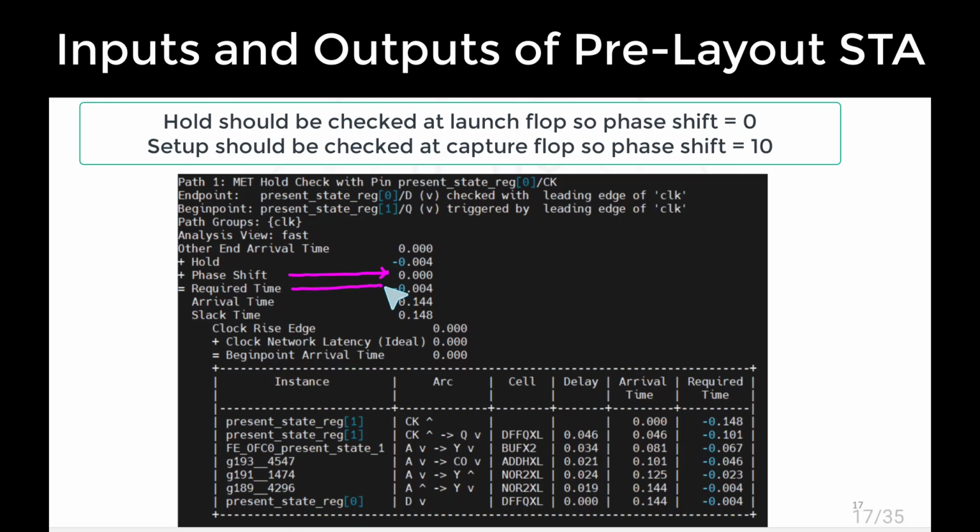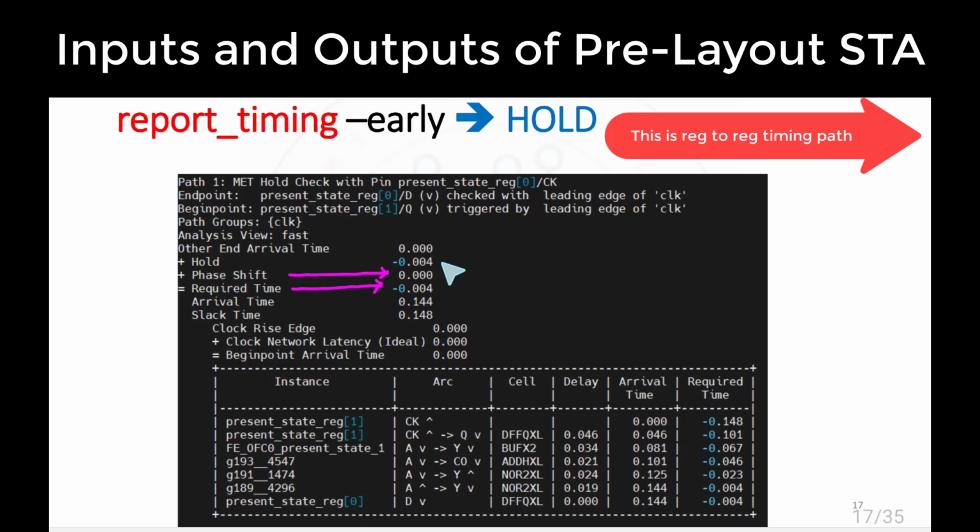If you want required time, simply add these two, that is phase shift plus hold, that is 0 plus minus 0.004, which gives minus 0.004. Coming to arrival time, here you can see the final arrival time. And slack is nothing but the difference between arrival time and required time.